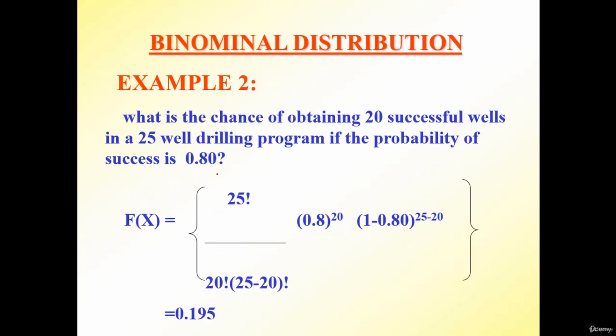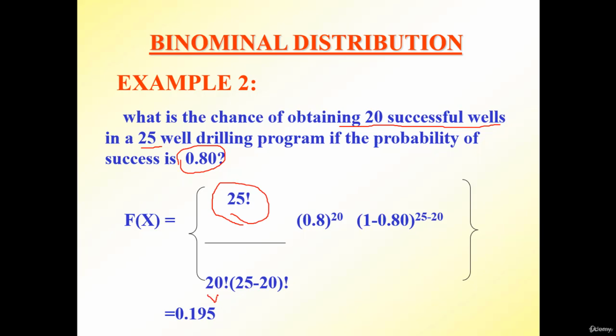Another example: if you are drilling wells, what is the chance to obtain 20 successful wells in a 25 well drilling program, if the probability of success is 0.8? So I have a program of 25 wells. What is the probability that I have 20 successful wells? In this case, this is the total number of wells, the total experiments.